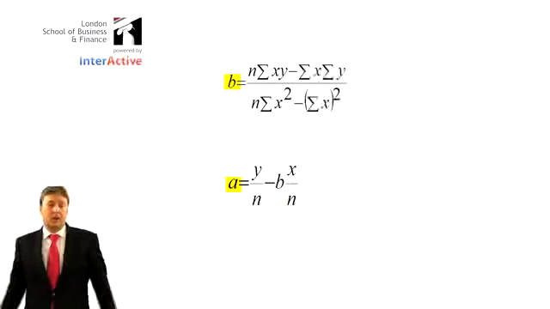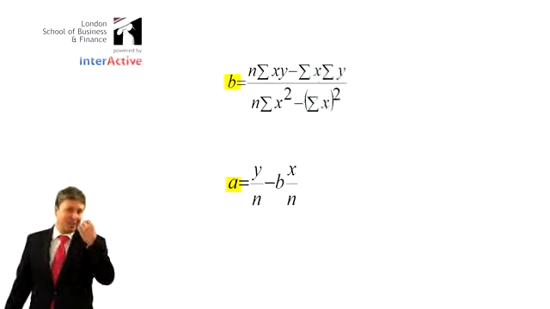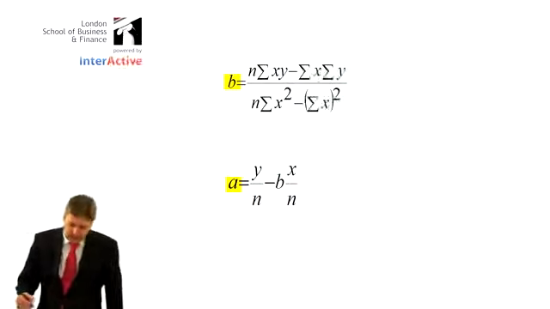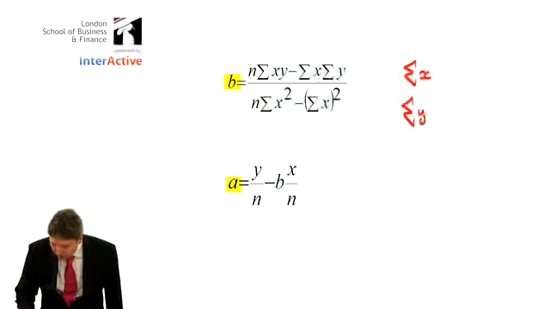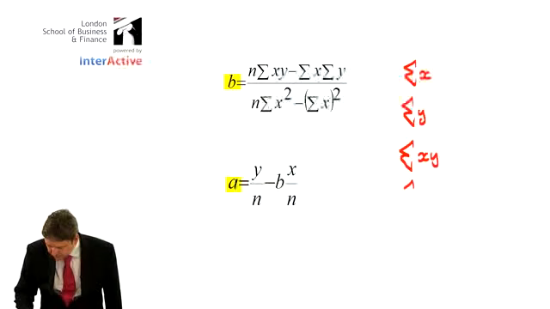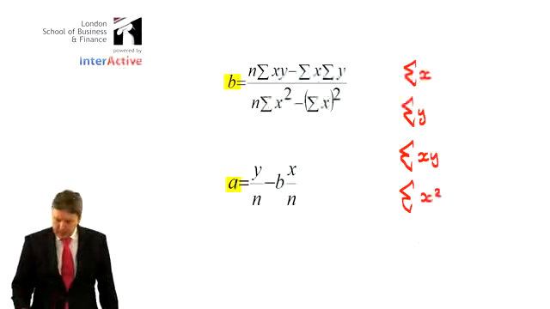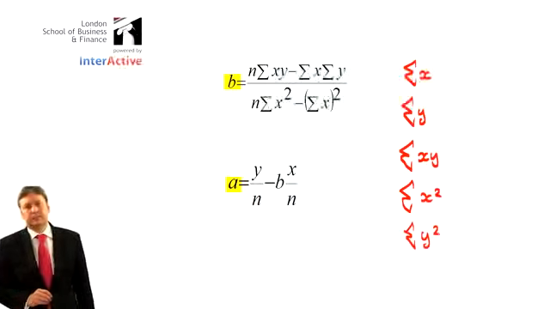Now, if that's what we're trying to do, let's get back to the formulae themselves. They look really rather complicated. But the key with these formulae is to get some critical data out that we can then play with. In simple terms, the data that we want is the sum of x, the sum of y, the sum of xy, the sum of x squared, and although we don't need it with these two formulae, it is possible that we will need the sum of y squared in a moment.